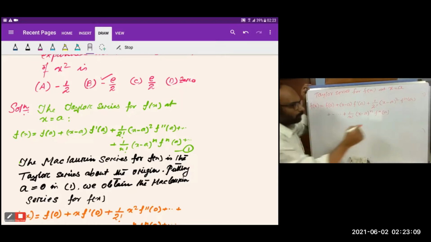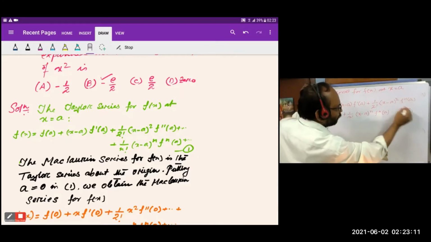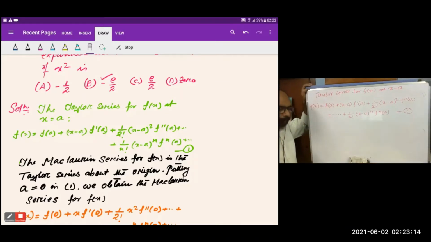This is our Taylor series, equation number 1.